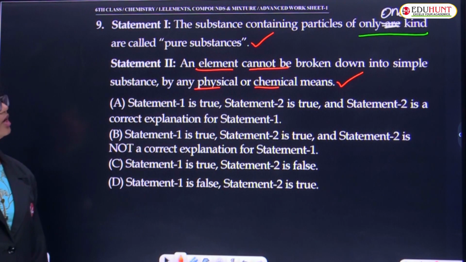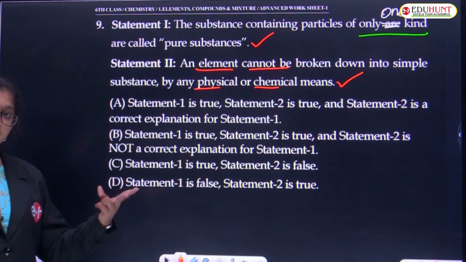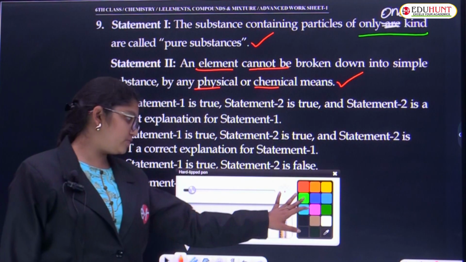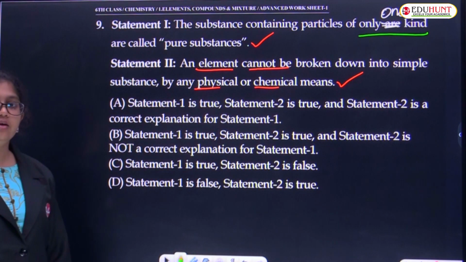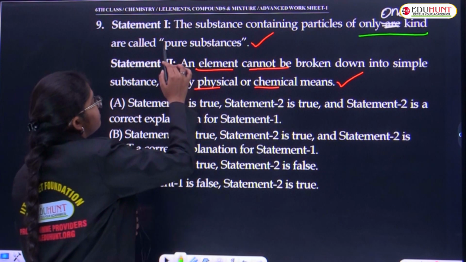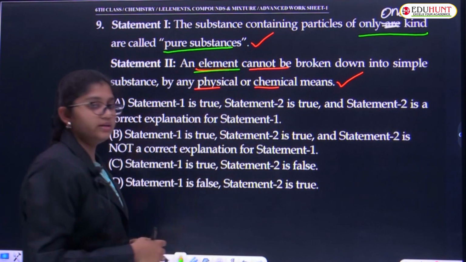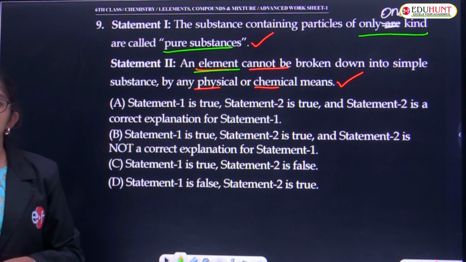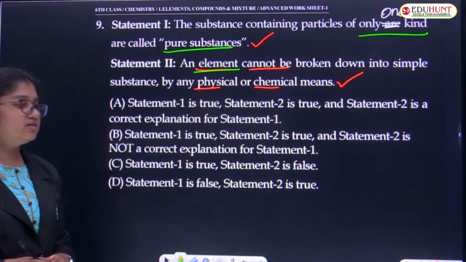But children, can you observe any relation between these two? No, right? Because statement 1 is talking about pure substances and statement 2 is talking about an element.